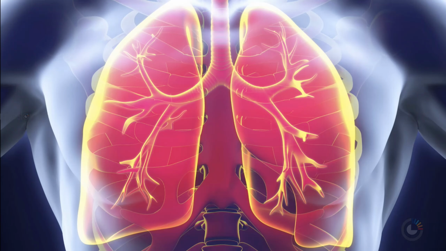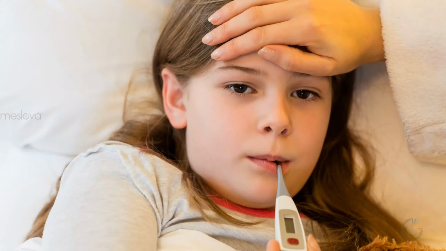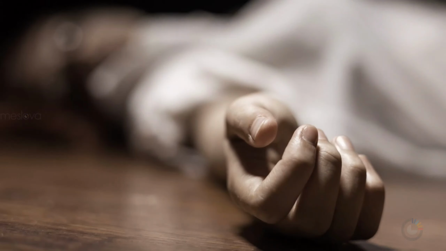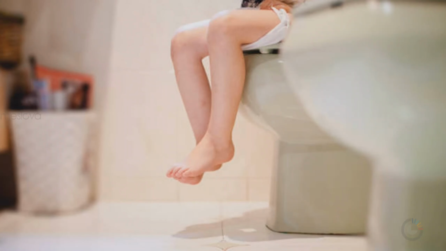Even a small cold may become pneumonia, or a small fever can take the life. And also a small loose motion may become diarrhea. A small vomiting can disturb your entire life.